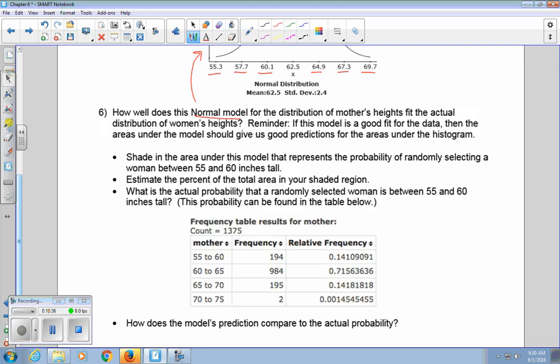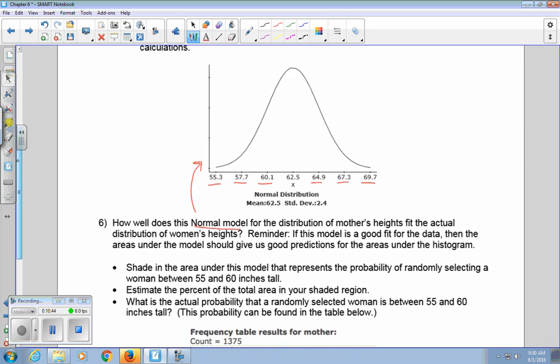Shade in the area in the model that represents the probability of randomly selecting a woman between 55 and 60 inches tall. So up here on our model, 60 inches is probably around here, and 55 out here. So we're talking about this area. Estimate the percent of the total area of our shaded region.